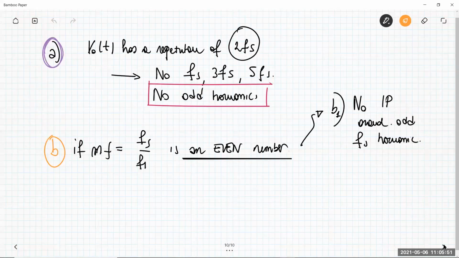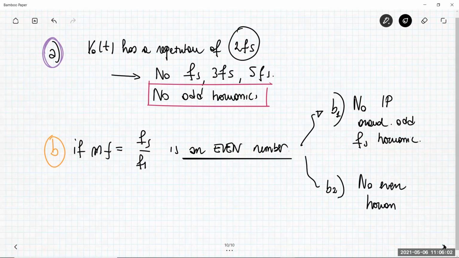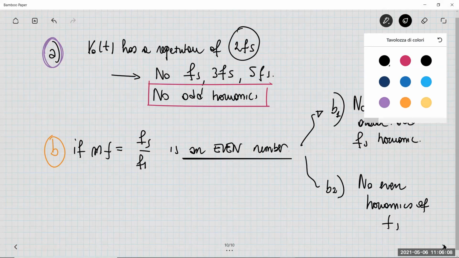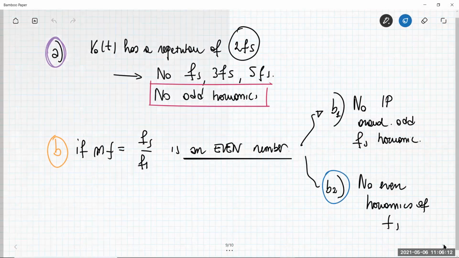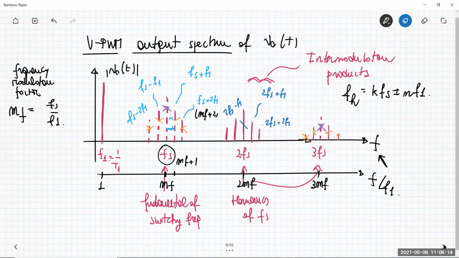The second consequence, let me call this B2, is that you have no even harmonics of Fs. So for example, it means that you have no even harmonics, so you have not these two Fs harmonics.